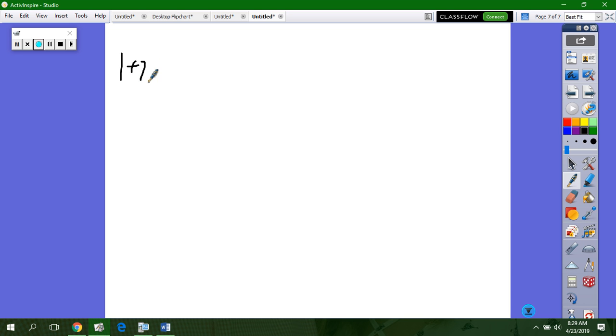1 plus 2 plus 3 plus dot dot dot plus 98 plus 99 plus 100. So what happens is the mathematician, he became a famous mathematician later, but he was really young. The teacher thought it would take him about a half hour to an hour to add up all these numbers, right?